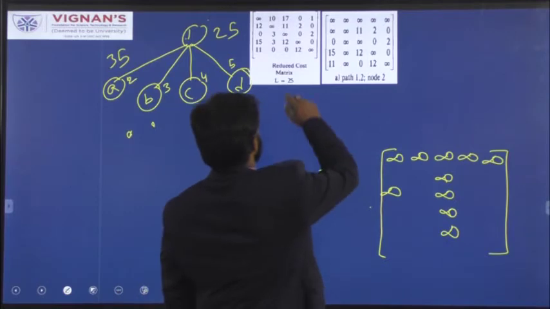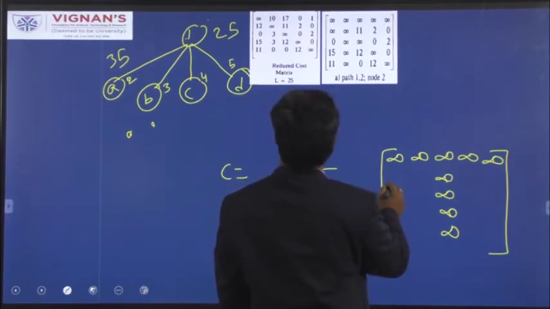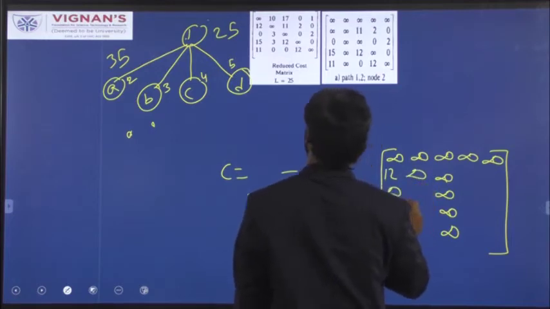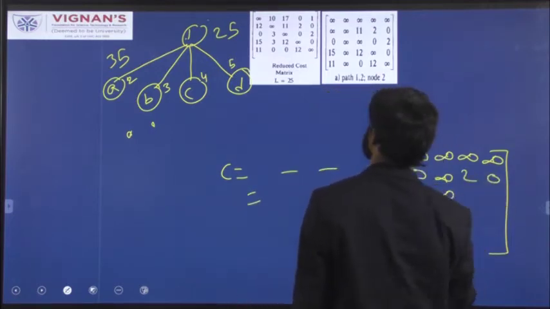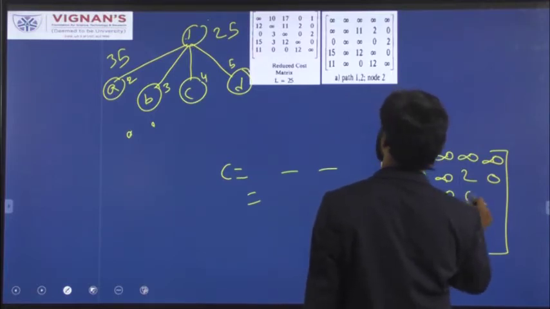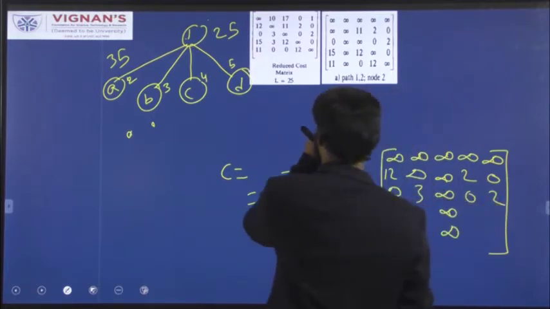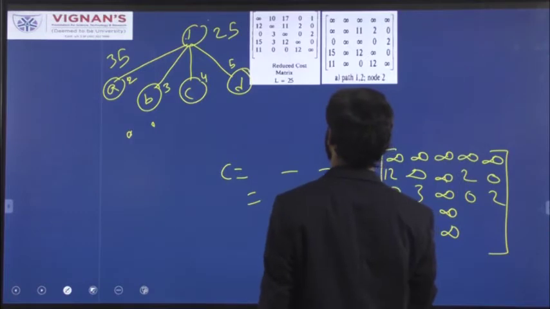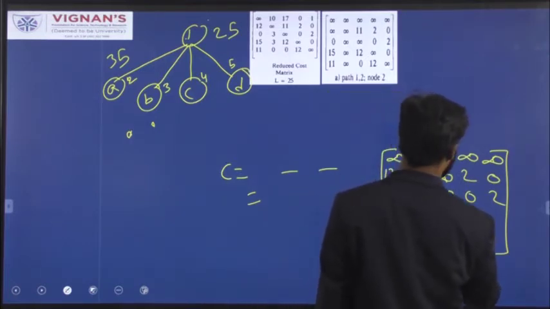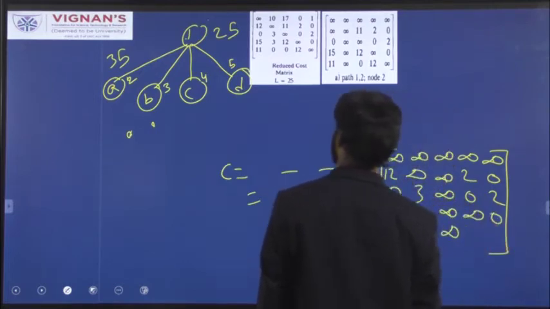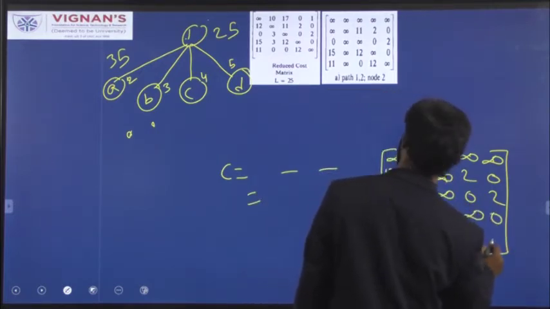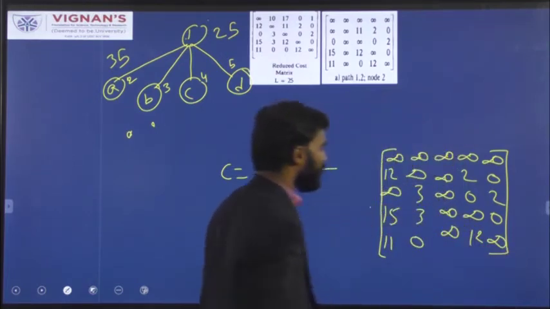From the initial reduced matrix: 12, infinity, 2, 0, infinity, 3, 0, 2, 15, 3, infinity, 0, 11, 0, 0, 12, infinity.